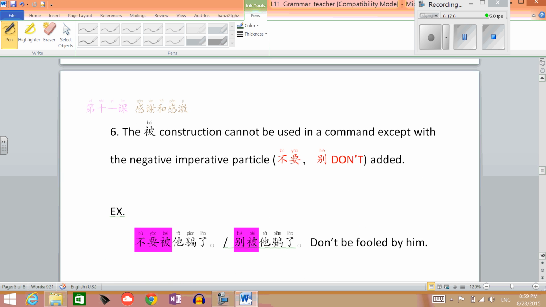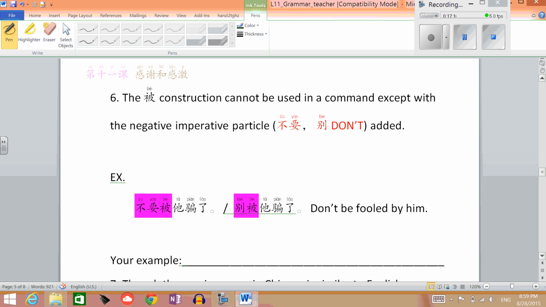6. The 被 construction cannot be used in a command except with the negative imperative particle 不要 or 别, which means don't. For example, 不要被他骗了，别被他骗了。骗 means to cheat or to fool somebody.